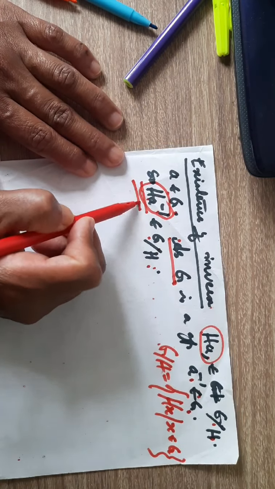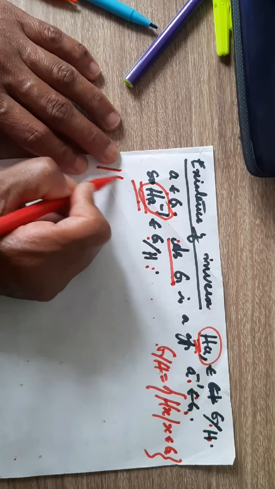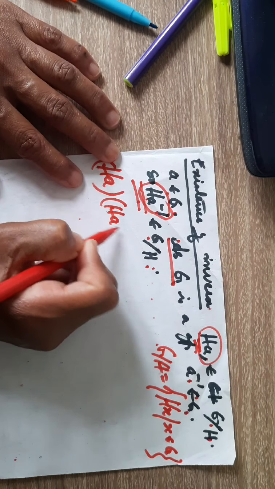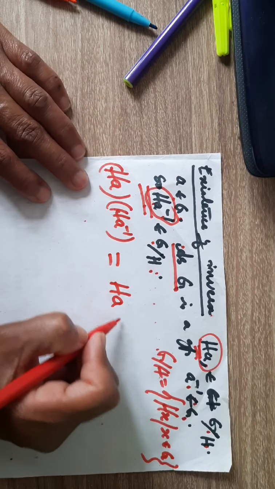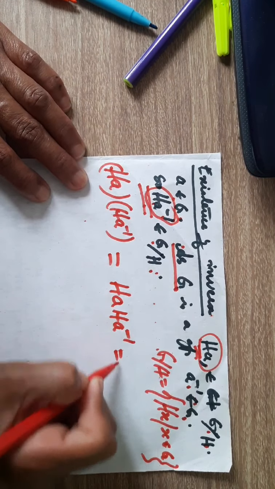Now I need to show that this one acts as the inverse of Ha. So Ha into Ha inverse is equal to H a a inverse.